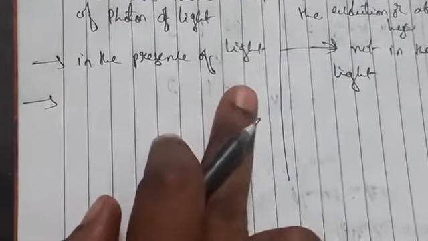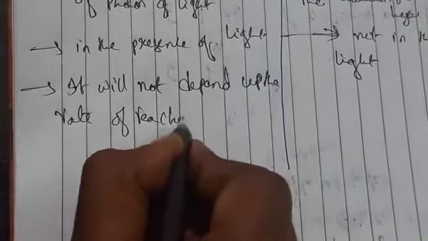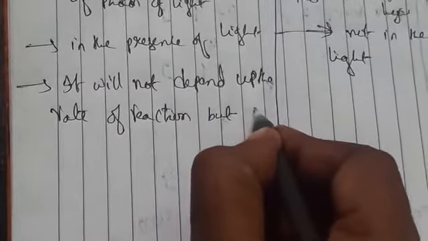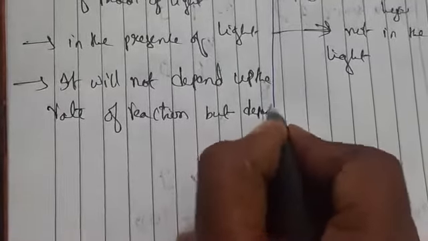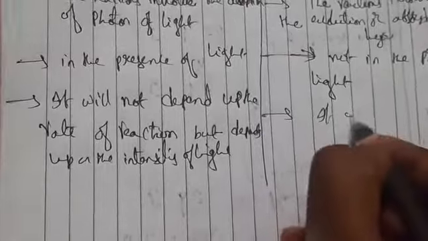Generally, the rate of a thermochemical reaction depends upon temperature, while a photochemical reaction does not depend on temperature but depends upon the intensity of light.